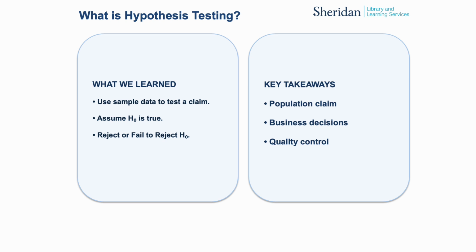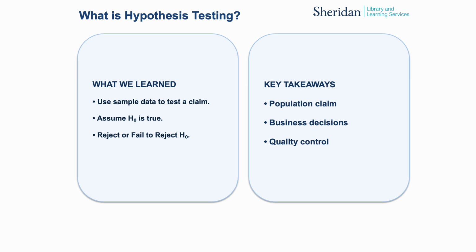One important idea to remember is that we always begin by assuming that the null hypothesis, or H0, is true. Our job is not to prove H0 is correct. Instead, we ask whether the sample provides enough evidence to reject it. At the end of every hypothesis test, there are only two possible decisions.